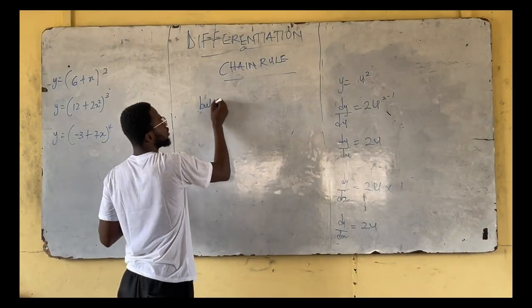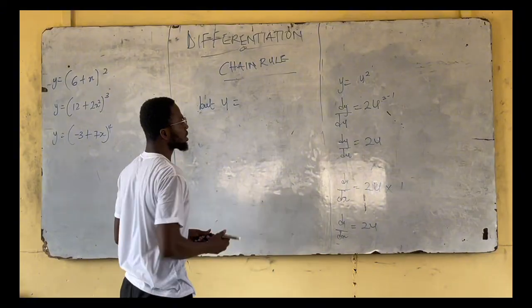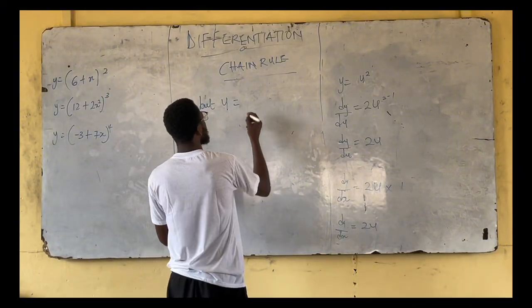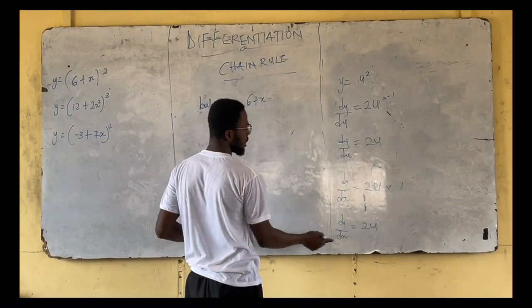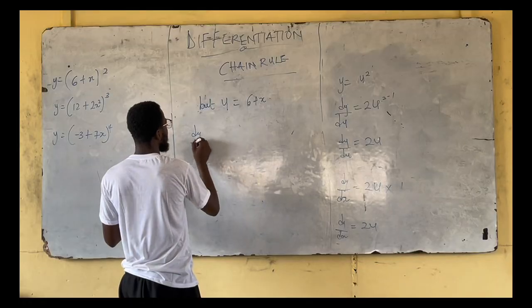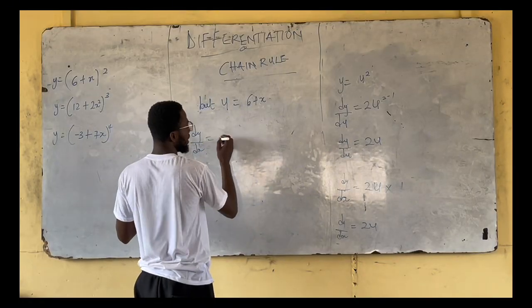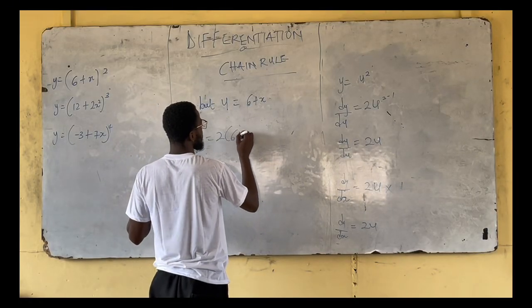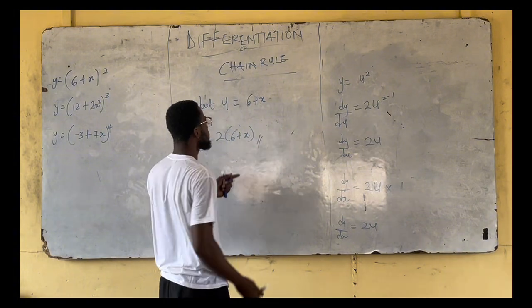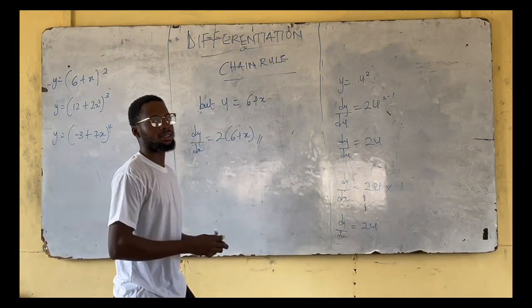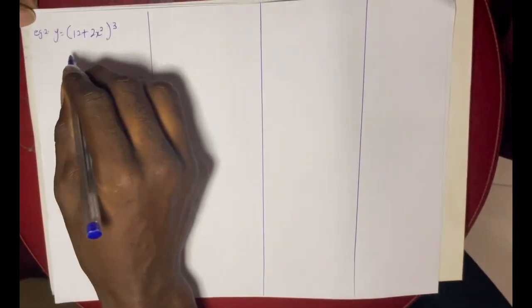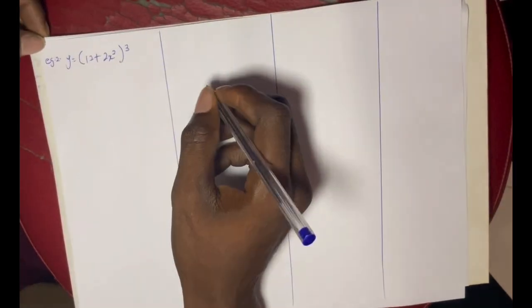But u in the equation was 6 plus x. So therefore, dy/dx is going to be 2 into bracket 6 plus x. So this is going to be the final answer.